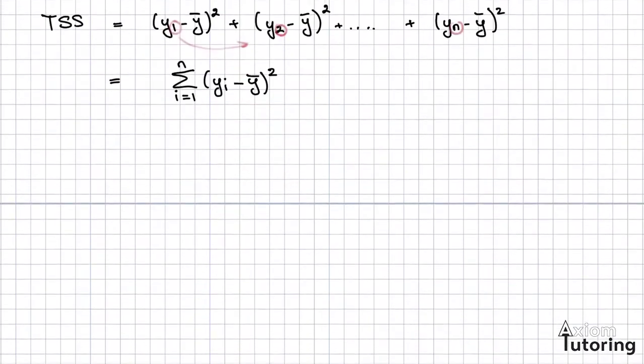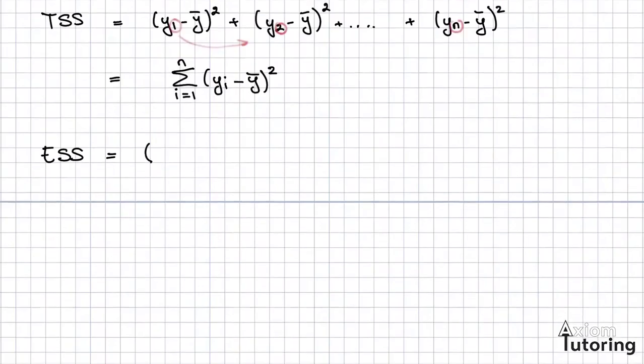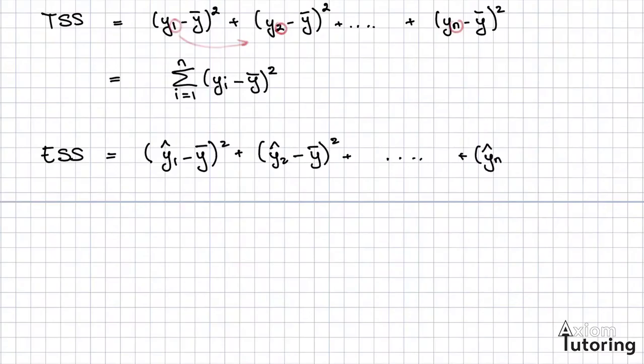So we have the explained sum of squares. The explained sum of squares measures how far the predicted values were from the mean. So in this case, we're going to have y1 hat minus y bar squared plus y2 hat minus y bar all squared, until the very last y hat n minus y bar all squared.